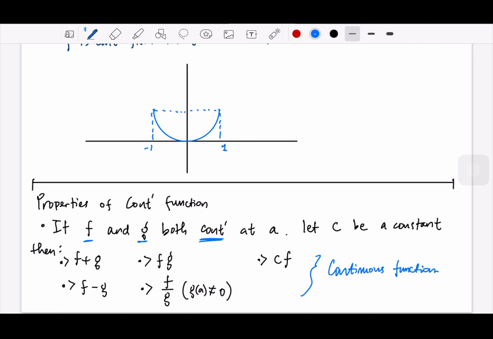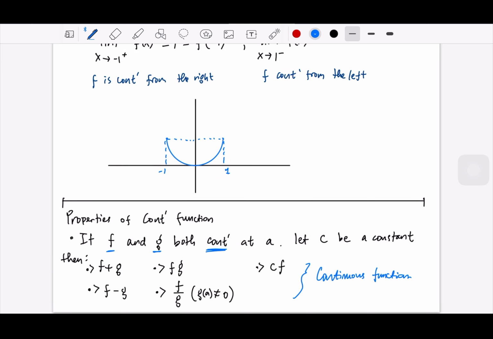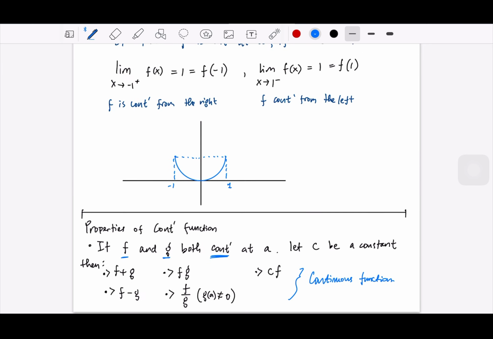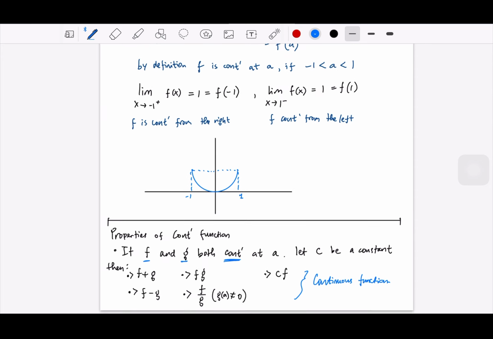And from here, we can get some general theorems for some functions that mostly appear in calculus.